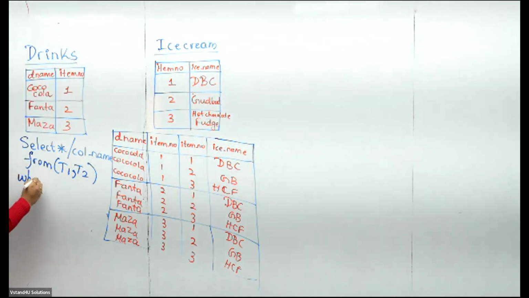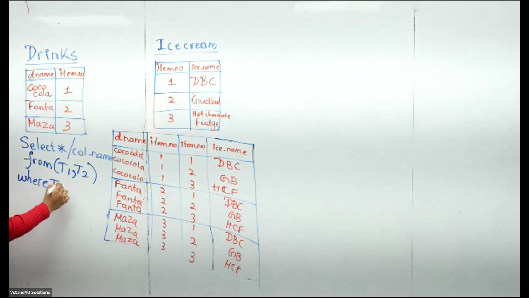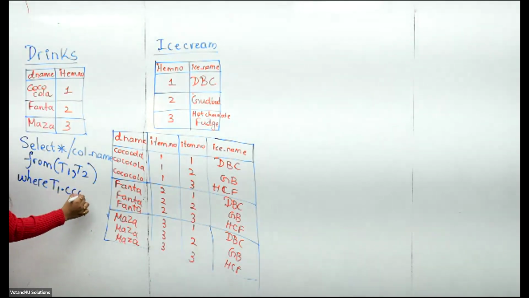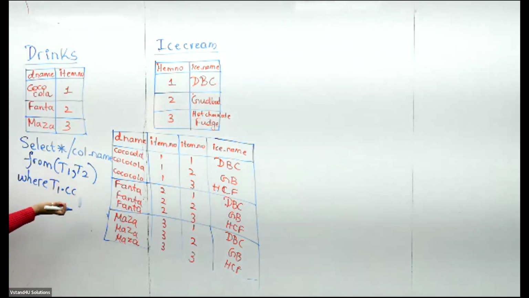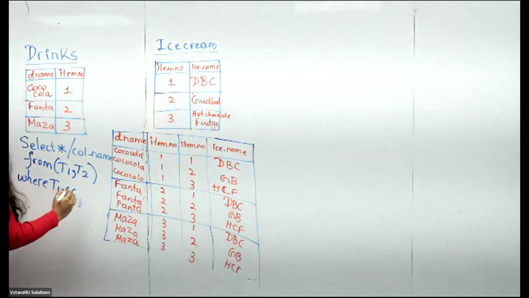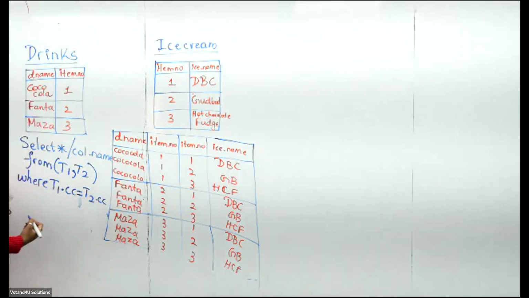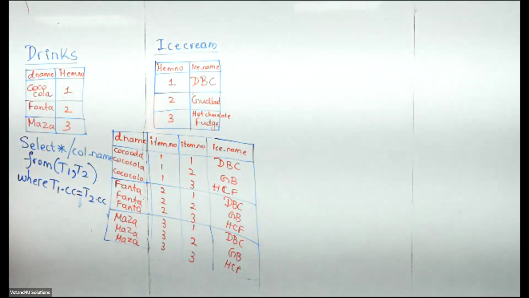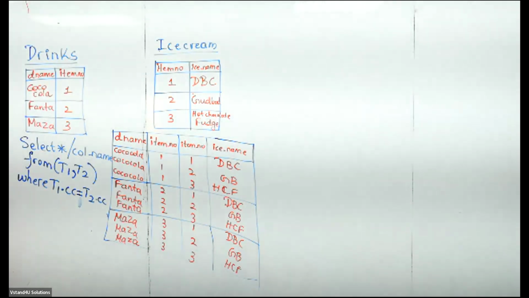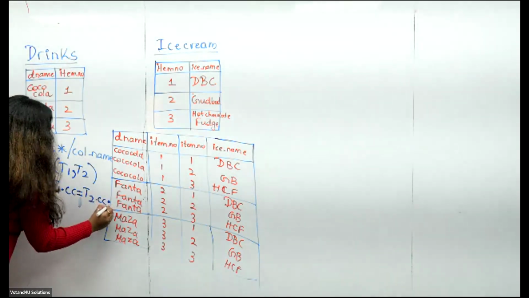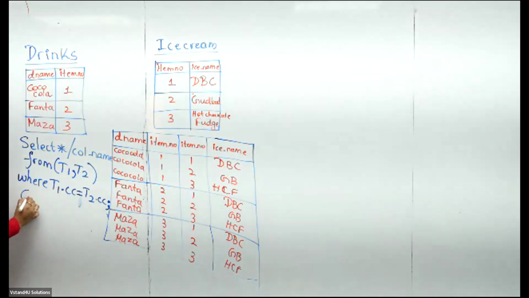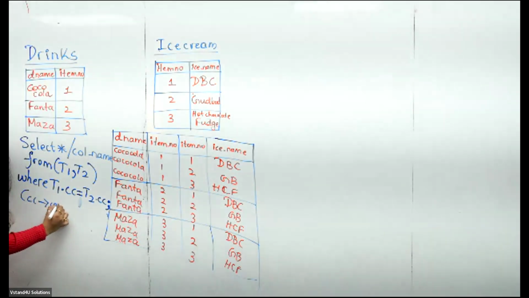Where T1.cc is equal to T2.cc. Clear? T1.cc. What do you mean by cc? Cc is nothing but the common column.